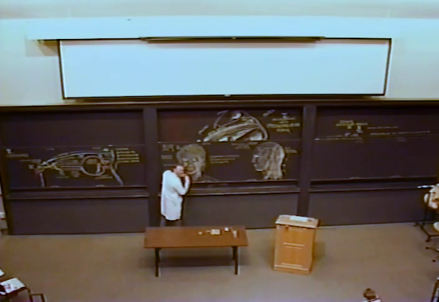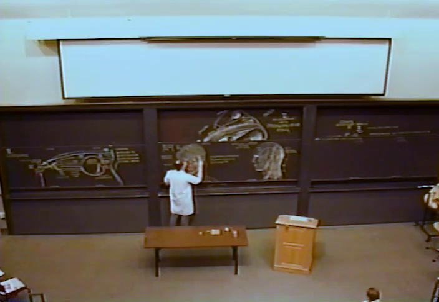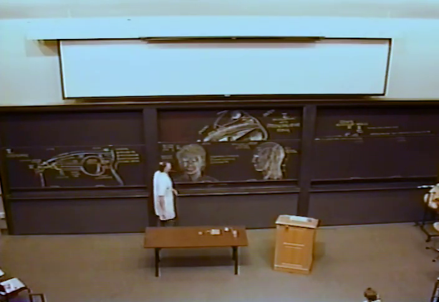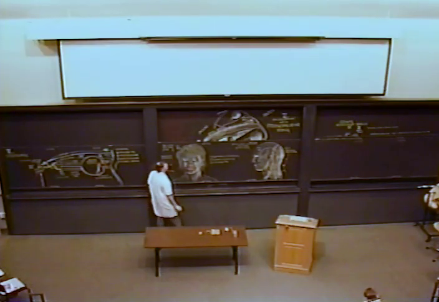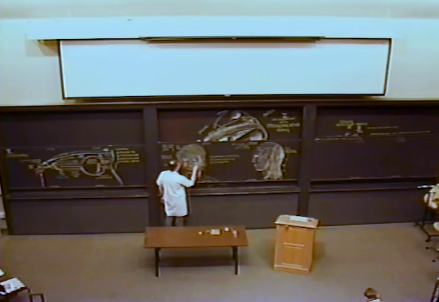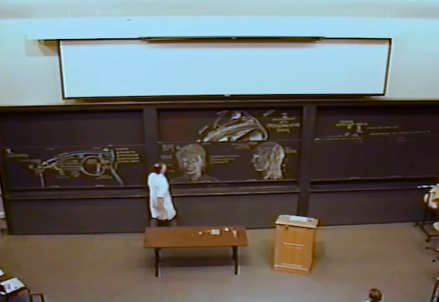The infraorbital and zygomatico-temporal, and here the zygomatico-facial. And so the area of 5-2 would be thusly defined.